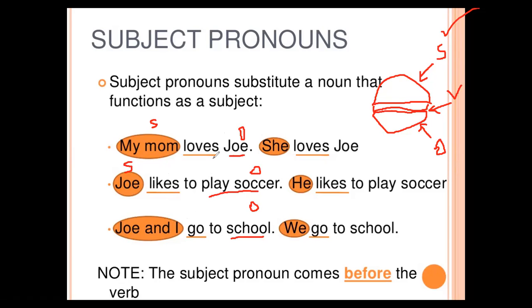Object always comes after the verb, meaning at the end of the sentence. And the subject always comes before the verb, meaning at the beginning of the sentence. Now memorize it this way: subject at the beginning, object at the end. Anything after the verb is object. Anything before the verb is subject.